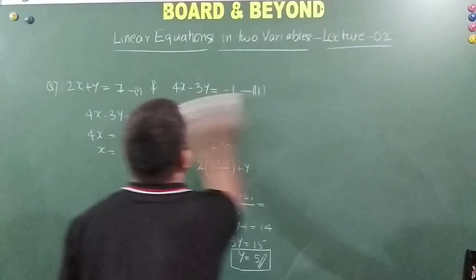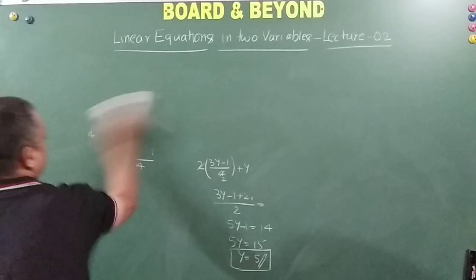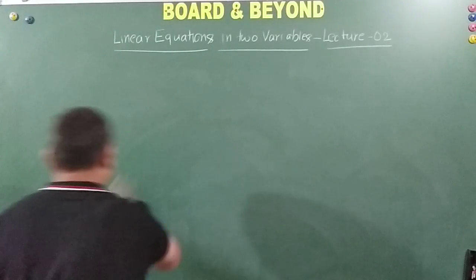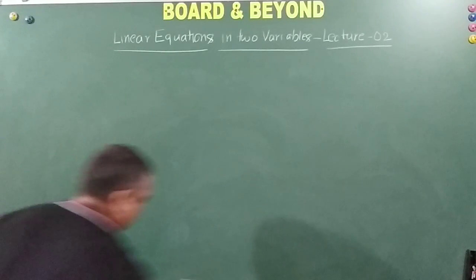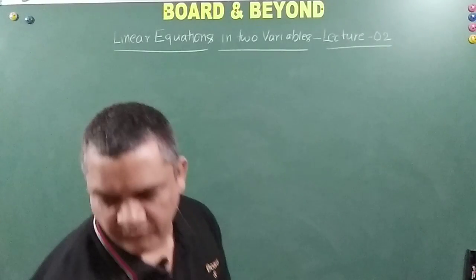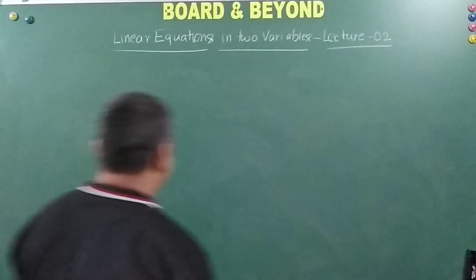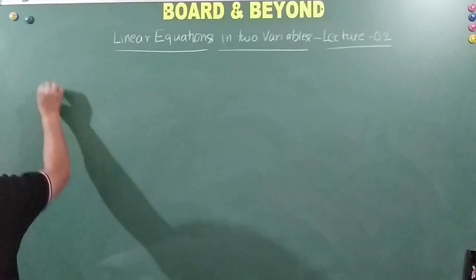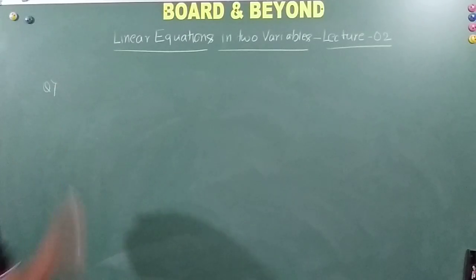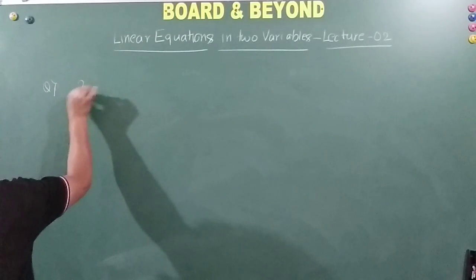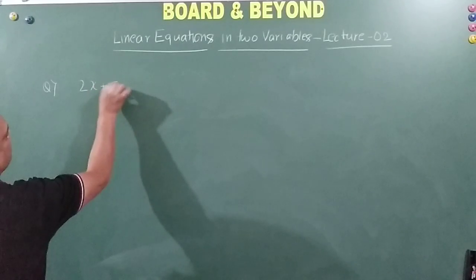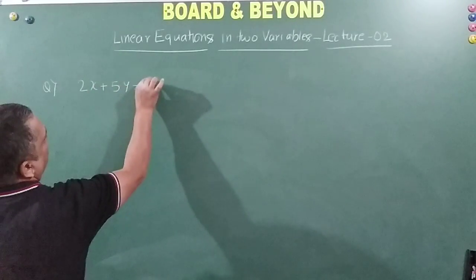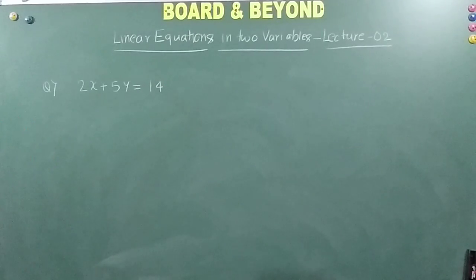So we can take any other example also. Let us say, I'll take one example. Okay, let's say 2x plus 5y is equal to 14, right?